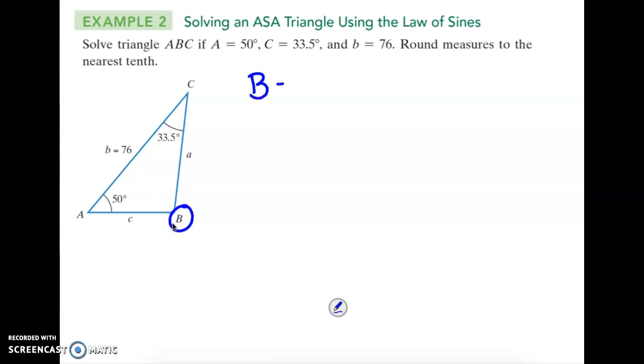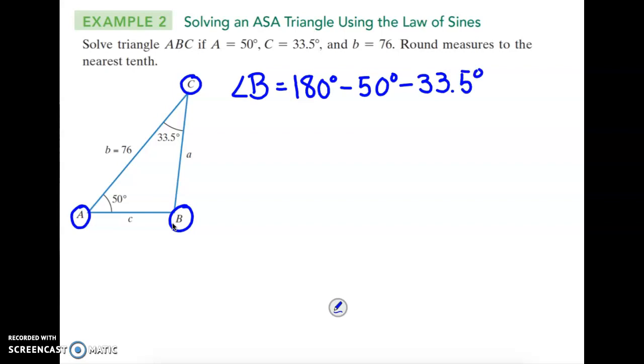So angle B is found by the 180-degree triangle sum rule, where we take 180, subtract angle A, which is 50 degrees, and then subtract angle C, which is 33.5 degrees.